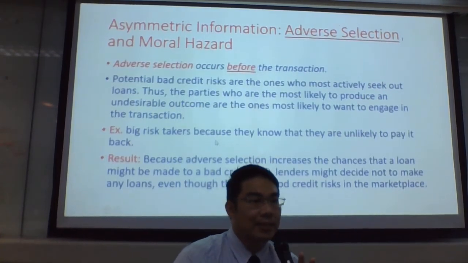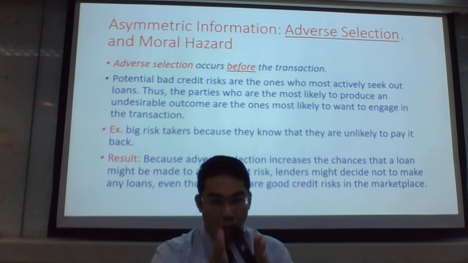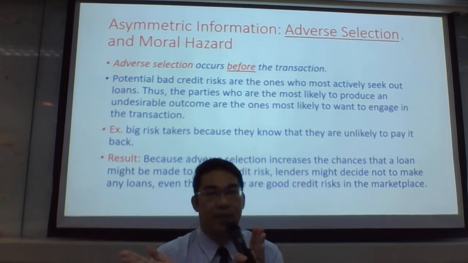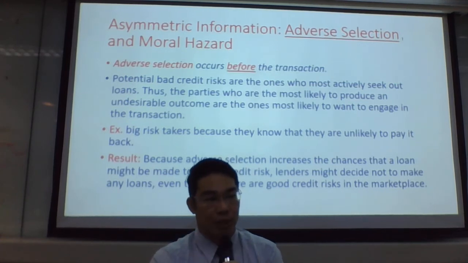The first one here is the adverse selection. Adverse selection occurs before the transaction. Keyword is before. Before you engage in the transaction, we will confront a problem called adverse selection.